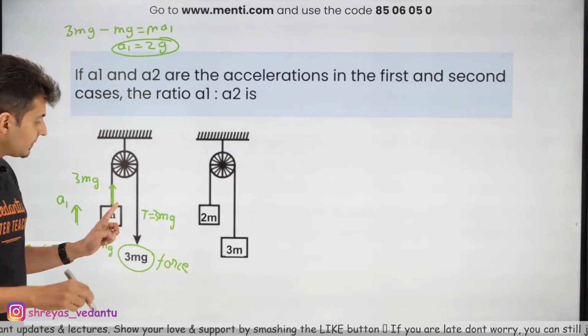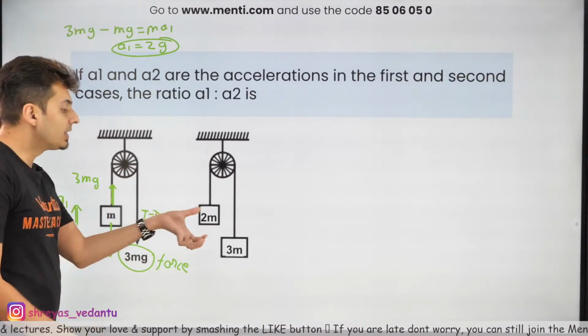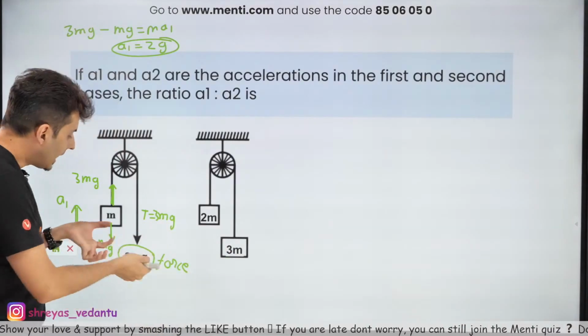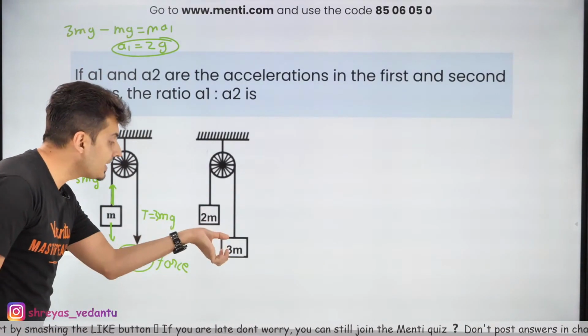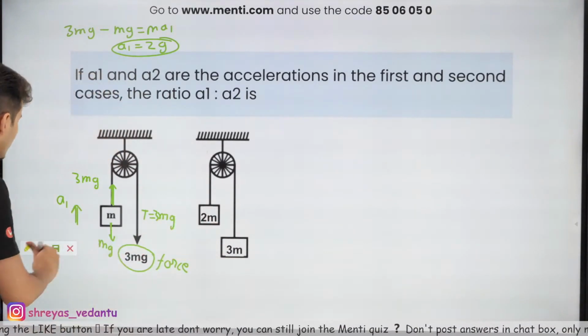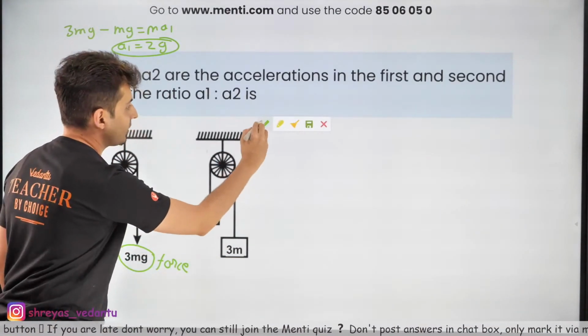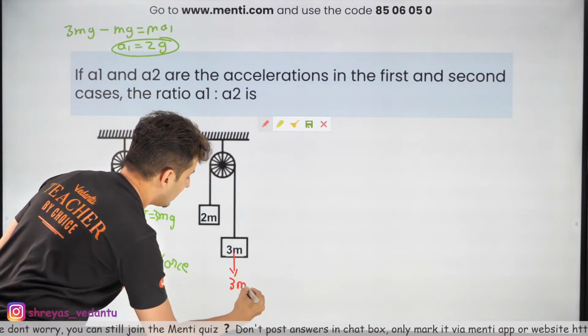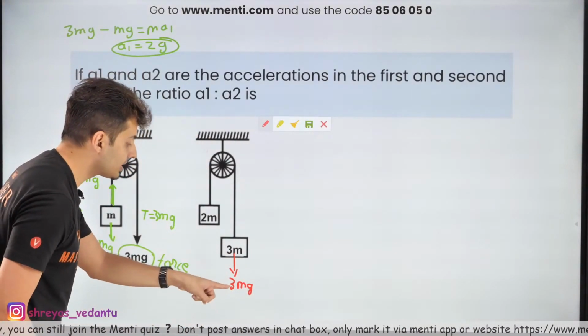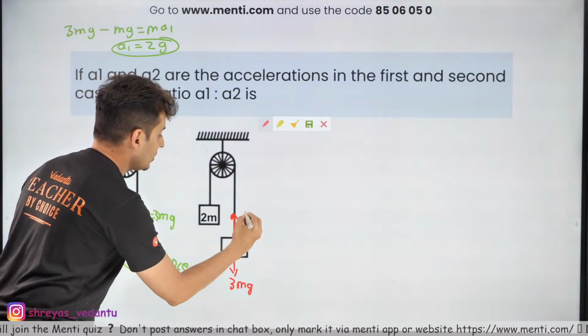Now the thing is, a lot of people think 3m is the same as 3 mg. Wrong. Putting a mass of 3m does not give you a force of 3 mg. Understand that. Why? Because this mass will experience a weight of 3 mg down. There will be a tension over here.